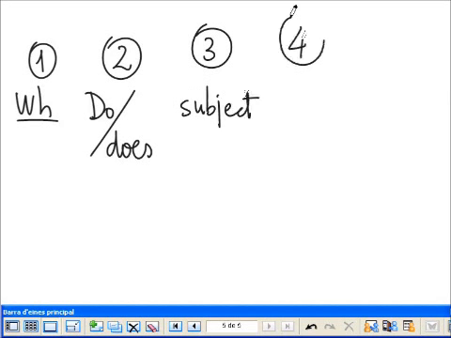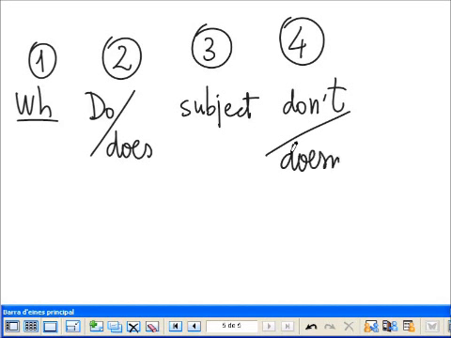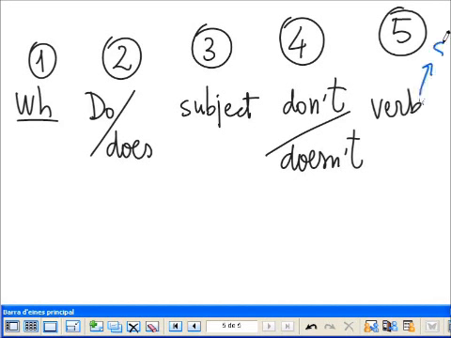The fourth element is don't or doesn't in negative sentences, of course. And finally, element number 5 is the verb. And remember that the present simple has got a verb ending in S or a verb ending in no S.